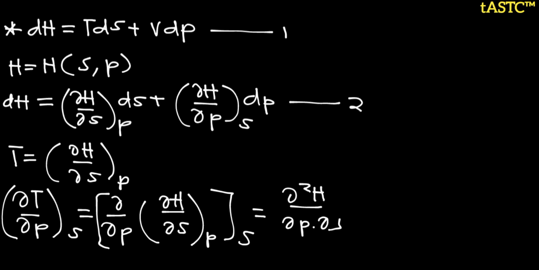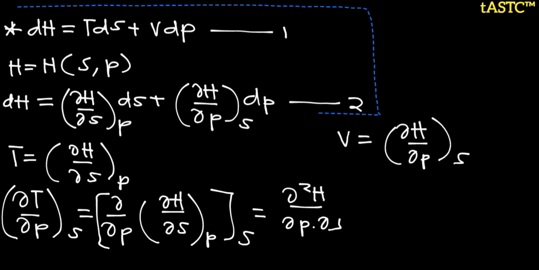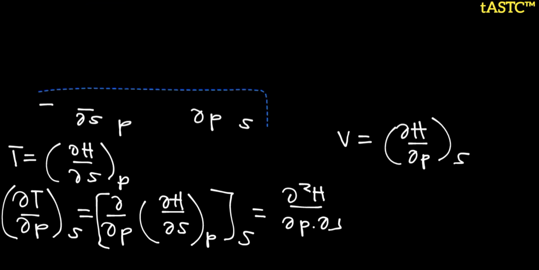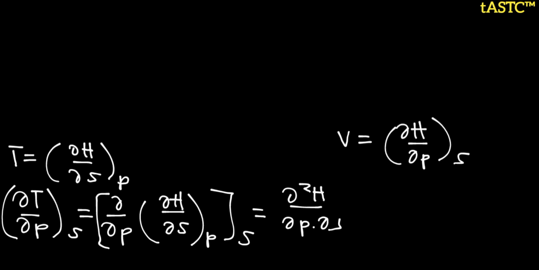And we now have for the second that V is equal to partial H partial P at constant S. Let me rewrite it.